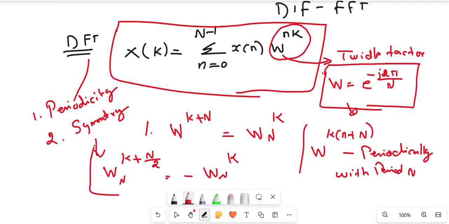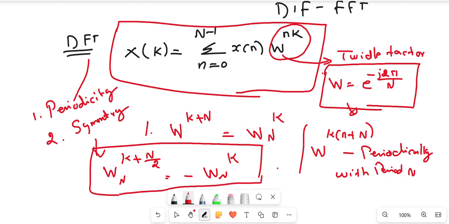So this is also another important property. The proof we have seen in the last session.